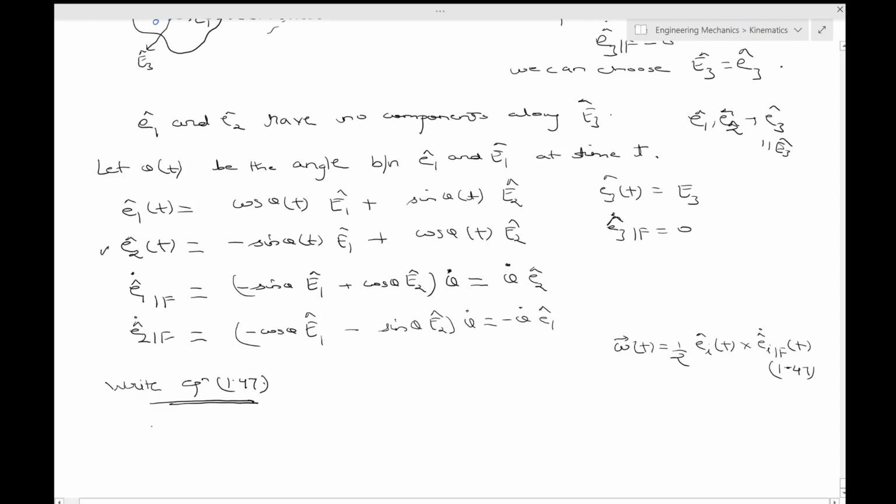So this would imply that omega of time t is equal to half into E1 cross E1 hat dot with respect to f plus E2 cross E2 dot with respect to f plus E3 cross E3 dot with respect to F.